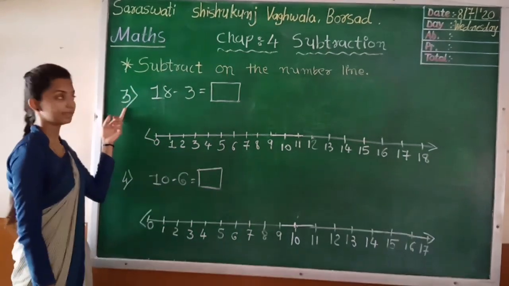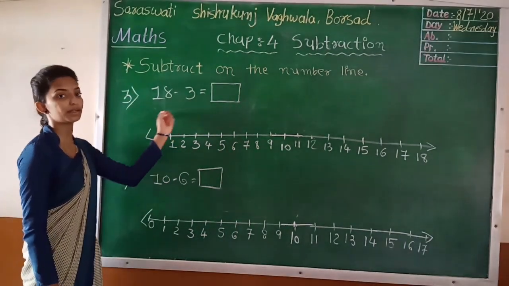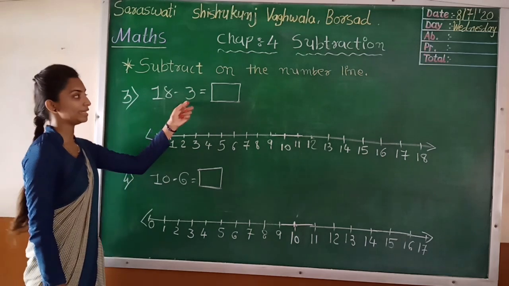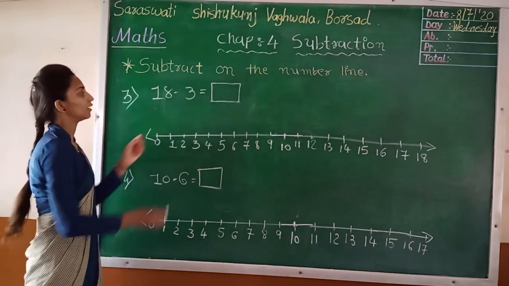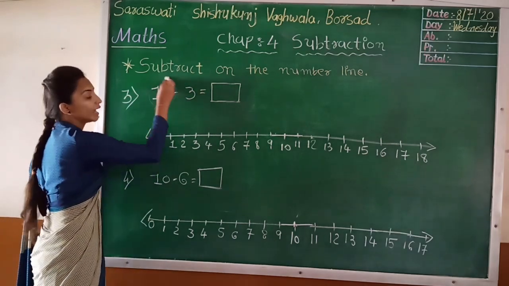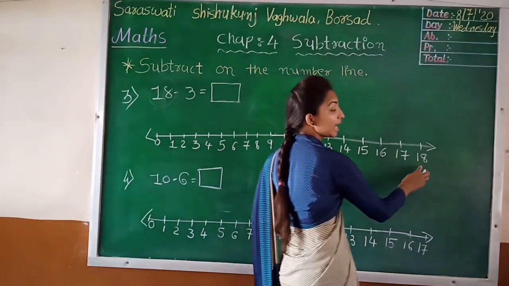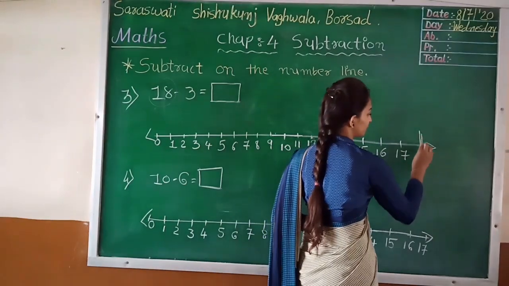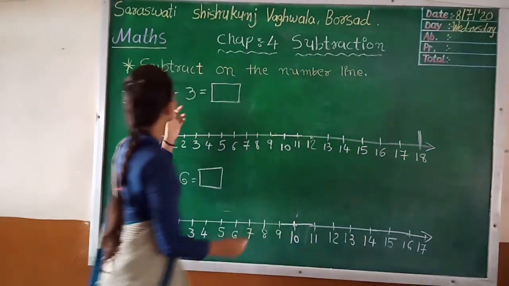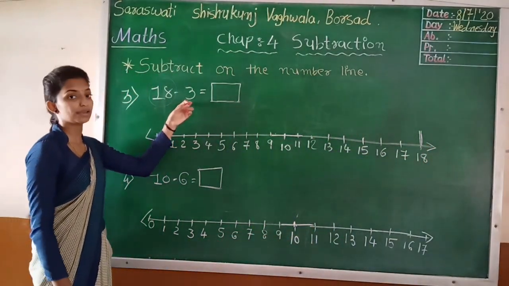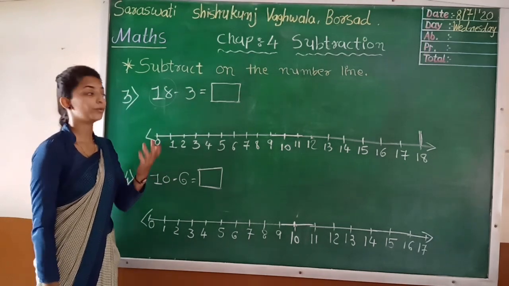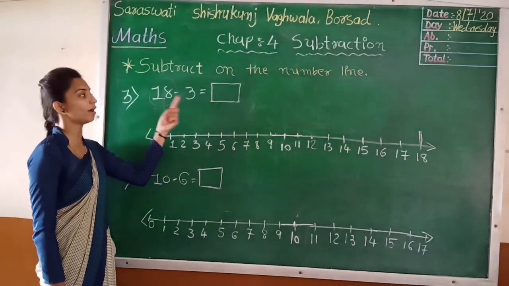Example number 3. What is the number? 18 minus 3. Which number first? 18. So look at the number line, 18. And which number second? 3. So students, what we have to do? We have to subtract 3 from 18.